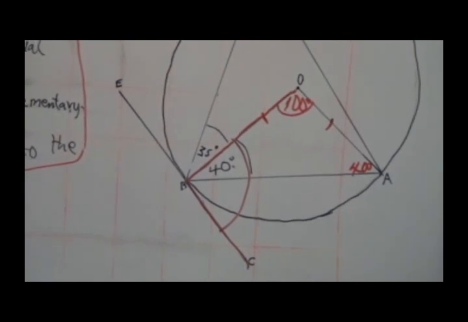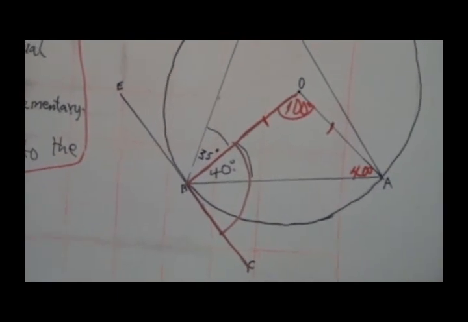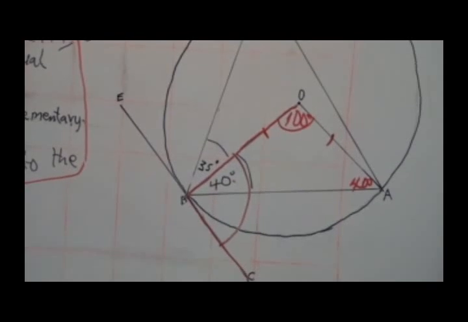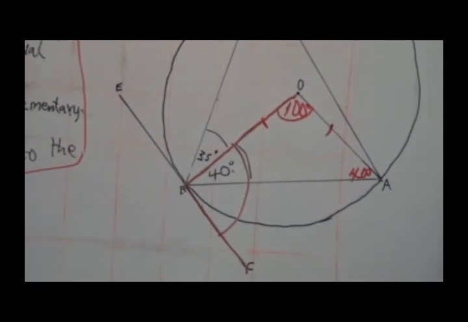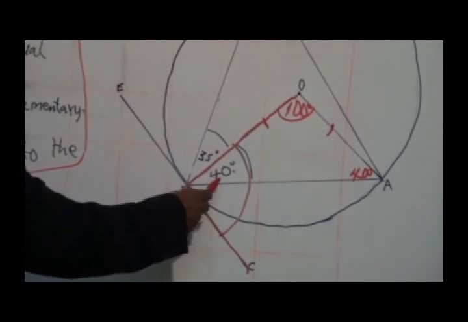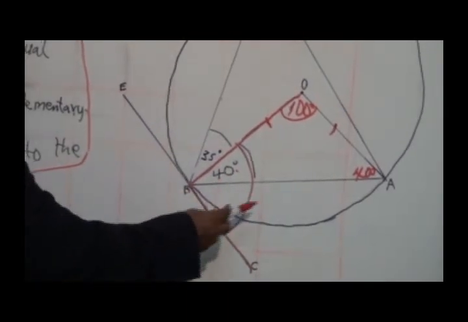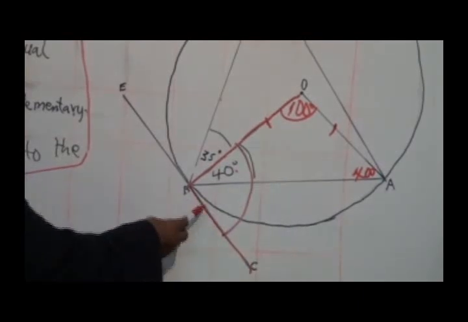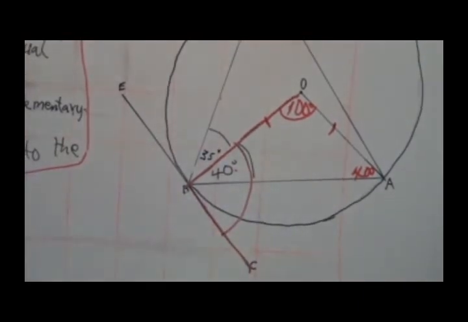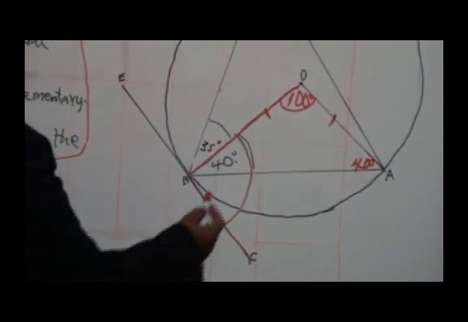Because we said the radius and the tangent, where they meet, provide an angle of 90 degrees. So if we know that part of that 90 degrees is equal to 40 degrees here, Jetta, what would the size of this angle ABC be equal to? 50 degrees. It would be equal to 50 degrees.